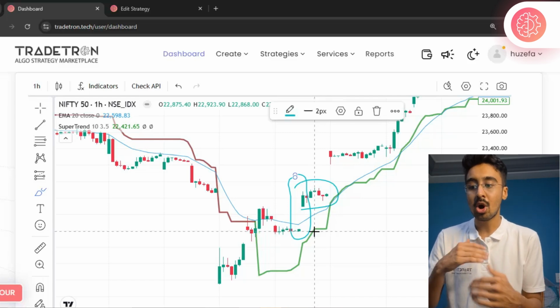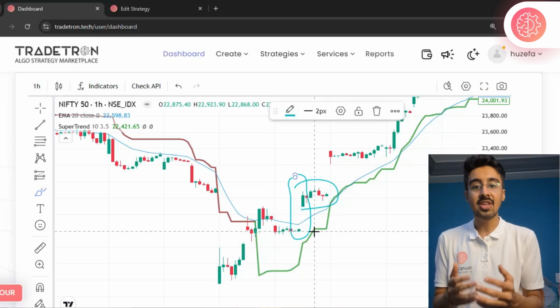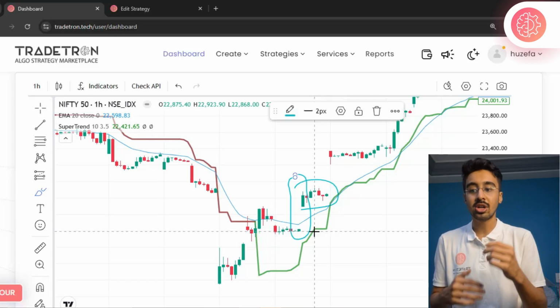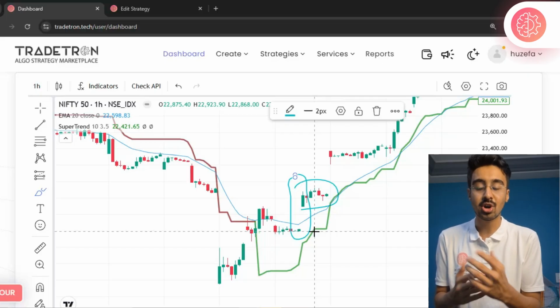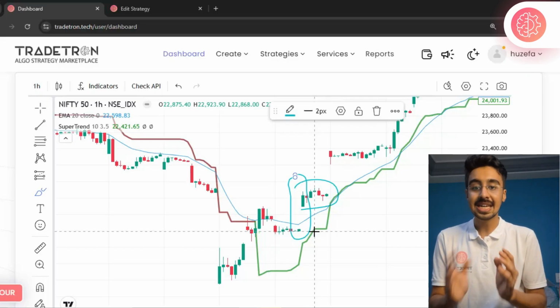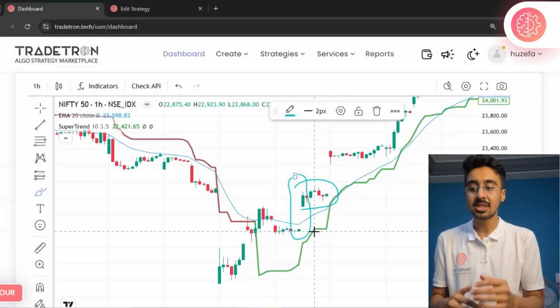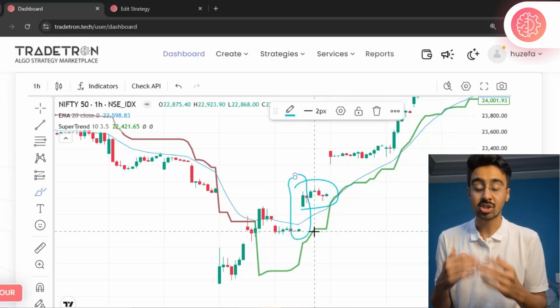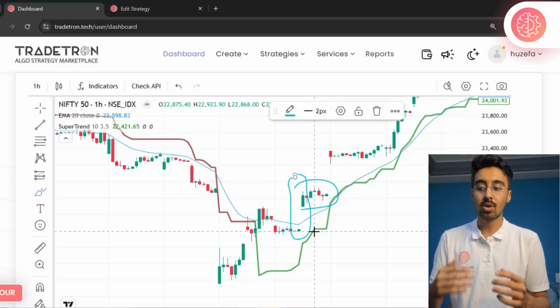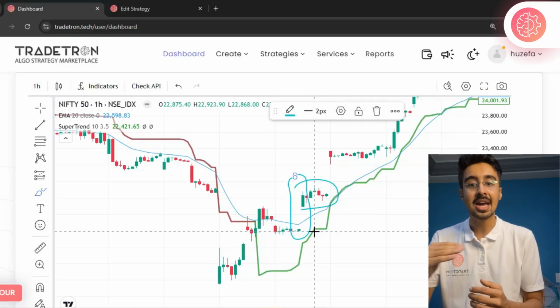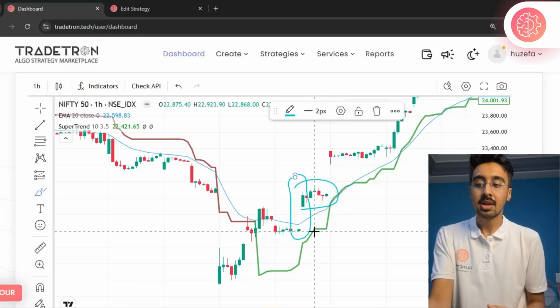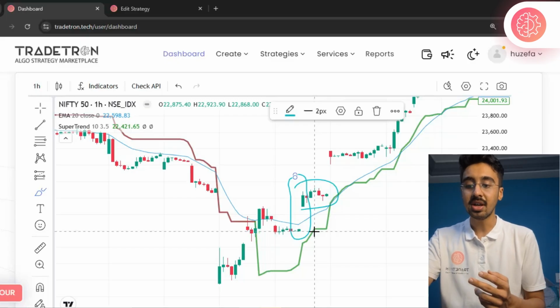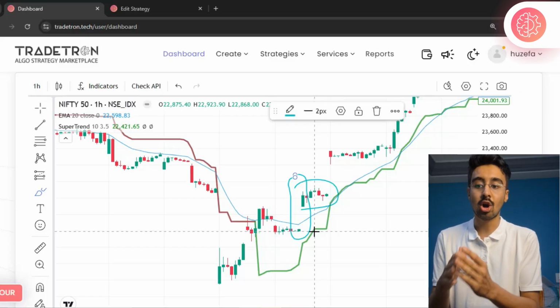So we are selling a more expensive put option and buying a cheaper put option in order to hedge it. In his case, he recommends you take a negative 40 delta put and a negative 20 delta put as the hedge. So you short a 40 delta and you buy a 20 delta put. That is for the long entry.